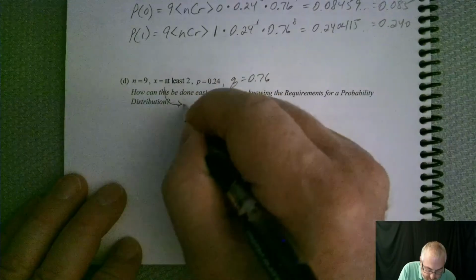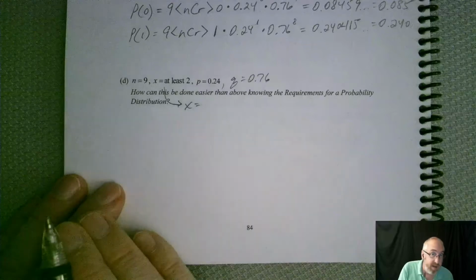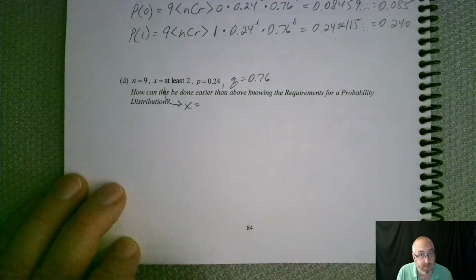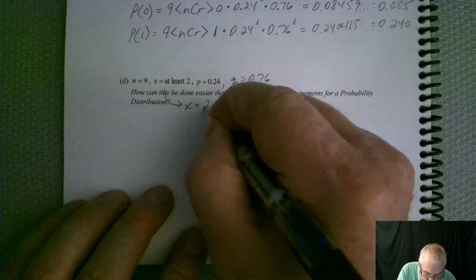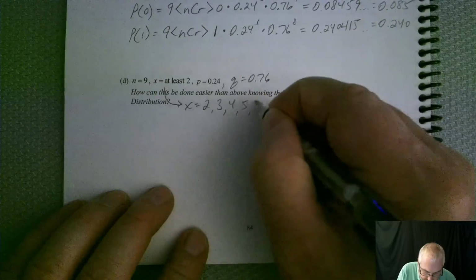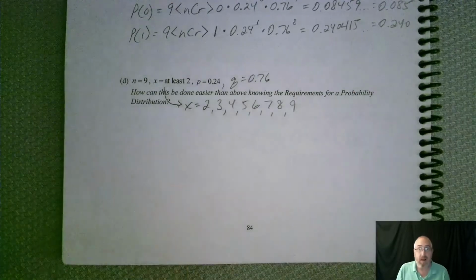So this means that x is equal to what? Do we want the left side, the low side of 2, or the high side? At most, remember, was less than. So we want 2 and up. 2, 3, 4, 5, 6, 7, 8, 9.